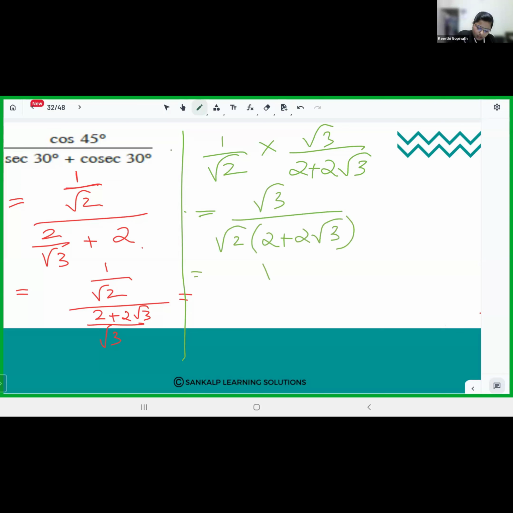So you can multiply root 2 with all the other terms. Okay. That is root 2 into 2 will give you 2 root 2 plus 2 into root 3 into root 2. What is the value of root 3 into root 2? It is root 6, right? So this will become 2 root 6. All right. It is root 3 by 2 root 2 plus 2 root 6. Okay. Is that step clear to you all?